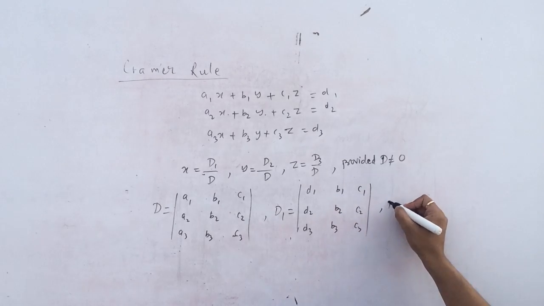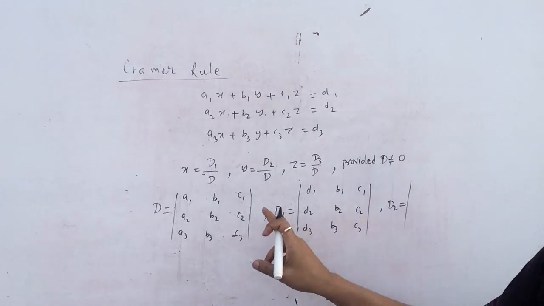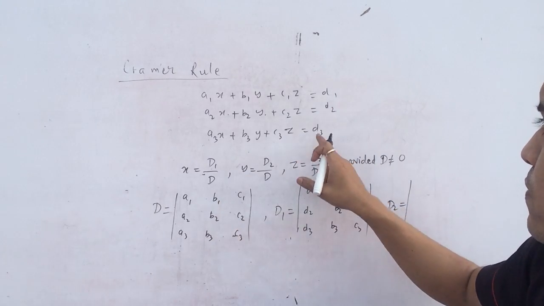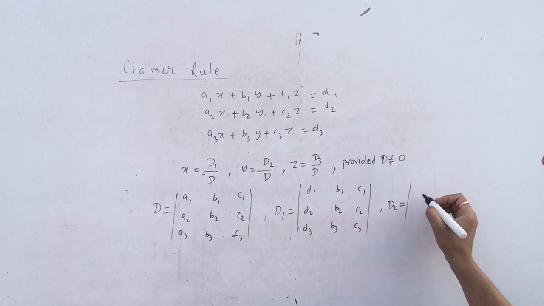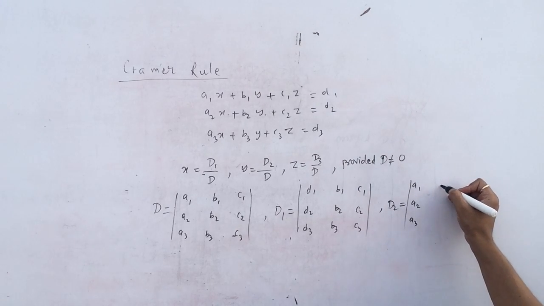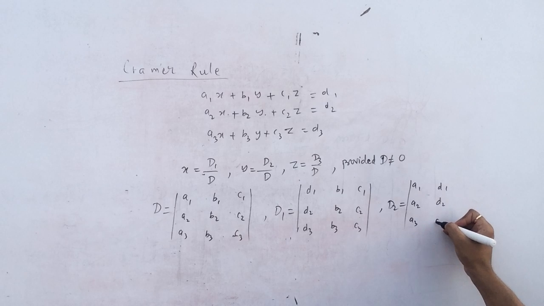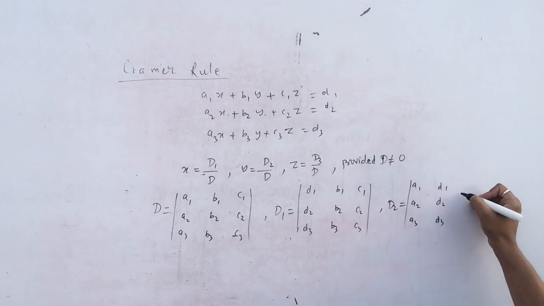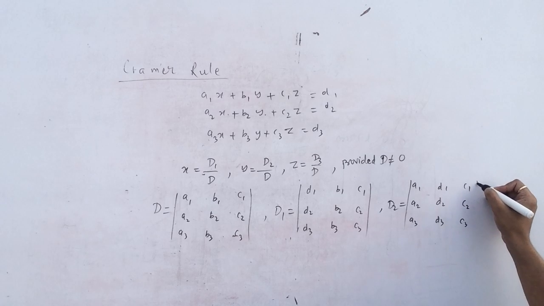What is D2? Replace b1, b2, b3, the second column, with d1, d2, d3, keeping a1, a2, a3 and c1, c2, c3 as they are.